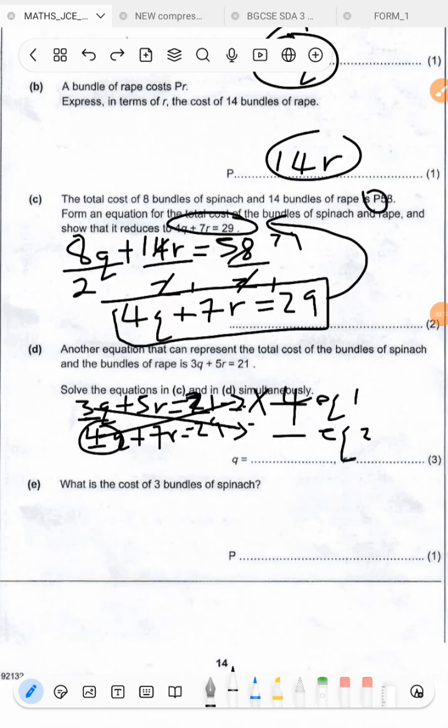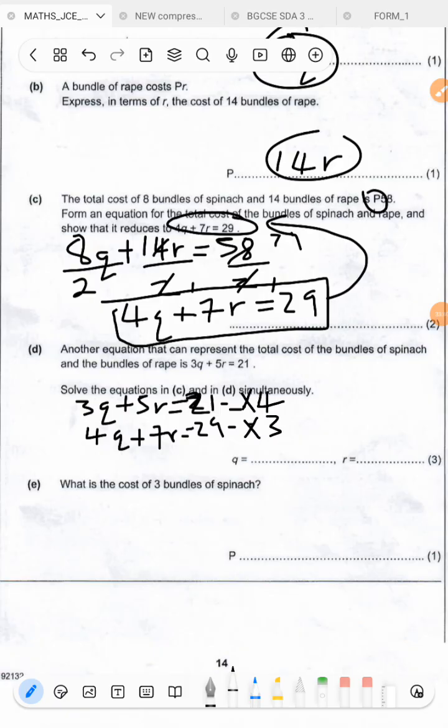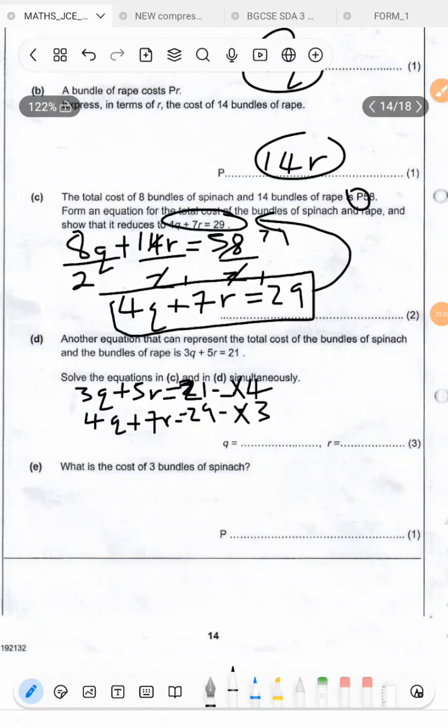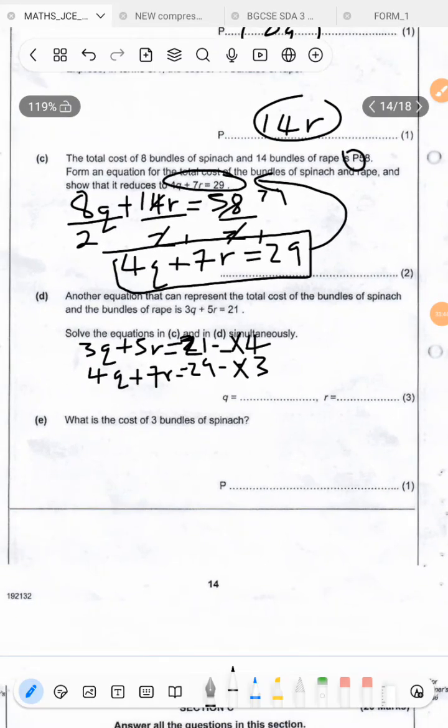Let me just remove a bunch of this stuff so that it's clear. Okay, that's the explanation. The first equation is multiplied by 4, and this one by 3. I'm running out of space, but we'll use the space down here.